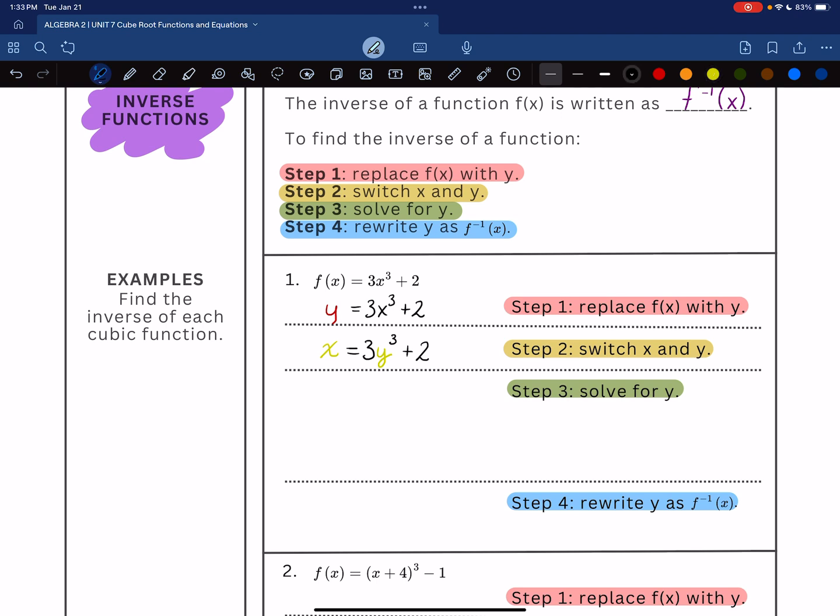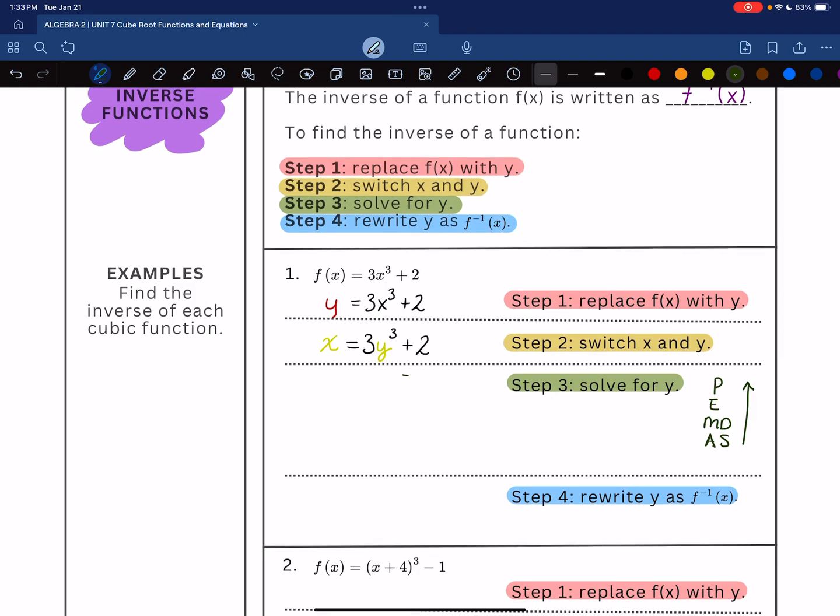Now let's begin solving for our y. Whenever you're solving, you want to use PEMDAS in reverse order. So you want to start by undoing any adding or subtracting. In our case, we'll undo the adding of 2 by subtracting 2 on each side.